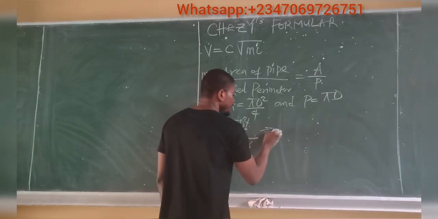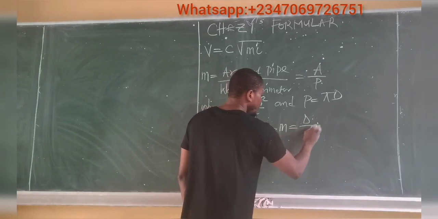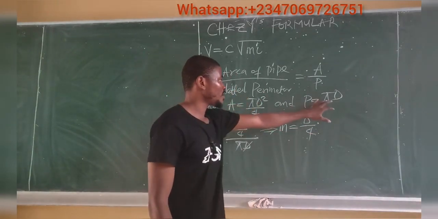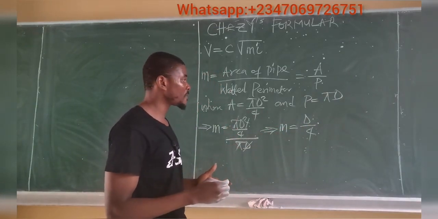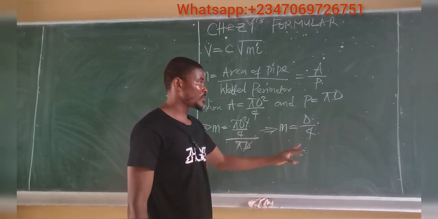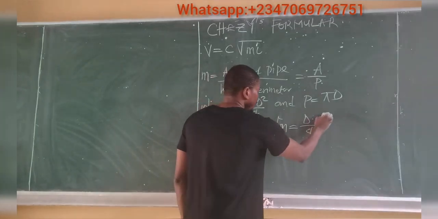You are left with M equal to D over 4. So you don't need to know all these approaches. Just have it in mind that if you're given a pipe diameter, to find M using the Chezy formula is simply diameter divided by 4. That's how you obtain your M.